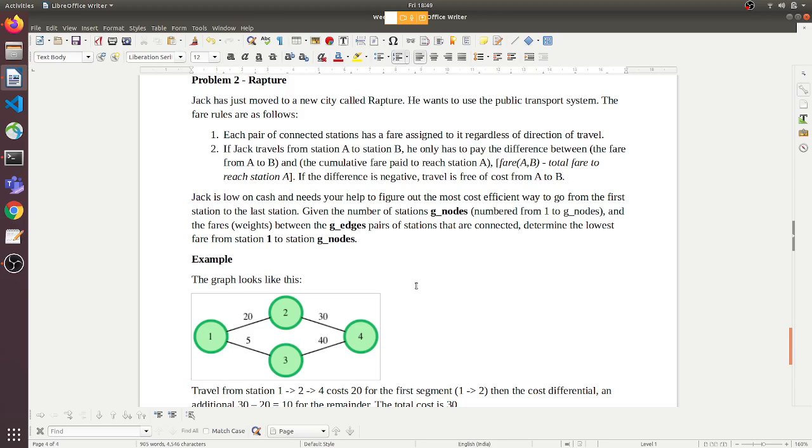So read the problem while I draw the example, and then we'll look at the example. Okay, any questions with the problem statement?